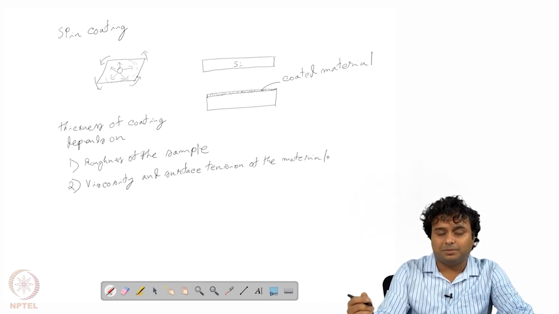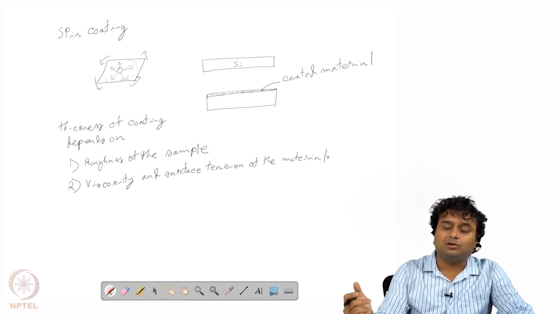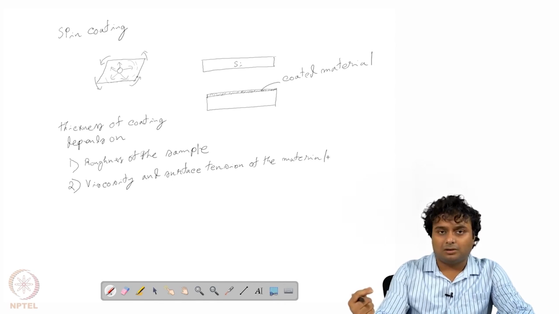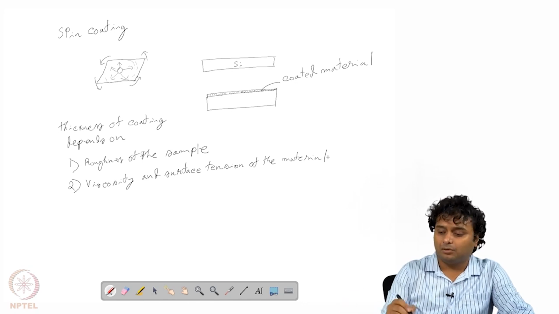If the solution is very viscous, then with the same rotation speed it will move a lesser amount towards the periphery compared to a less viscous solution. And also the surface tension, how the liquid interacts with the solid surface on which it is coated. So these things are important.